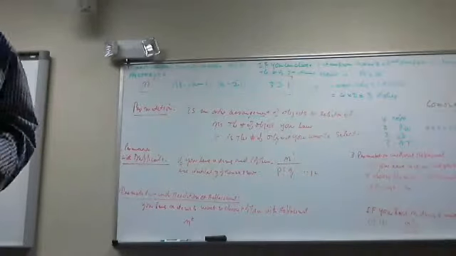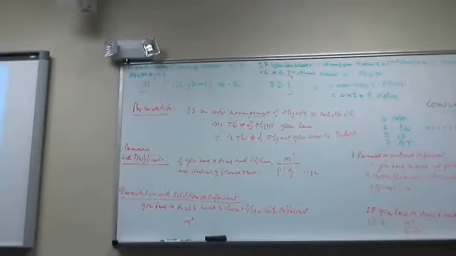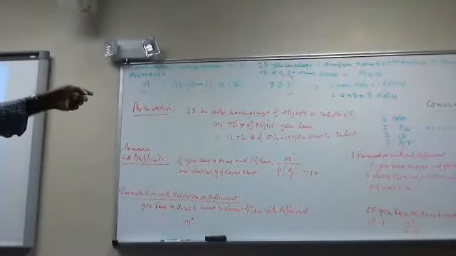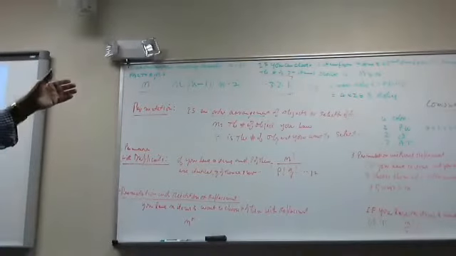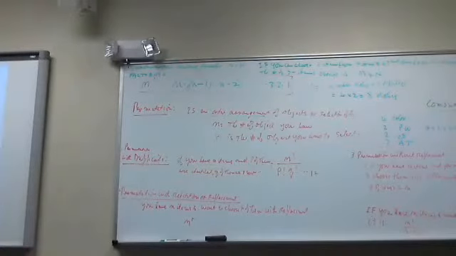All right. Now let's go ahead and talk about permutation. Permutation is an arrangement of objects where ordering is very important, or selection of objects, and the order in which you select them is very important.